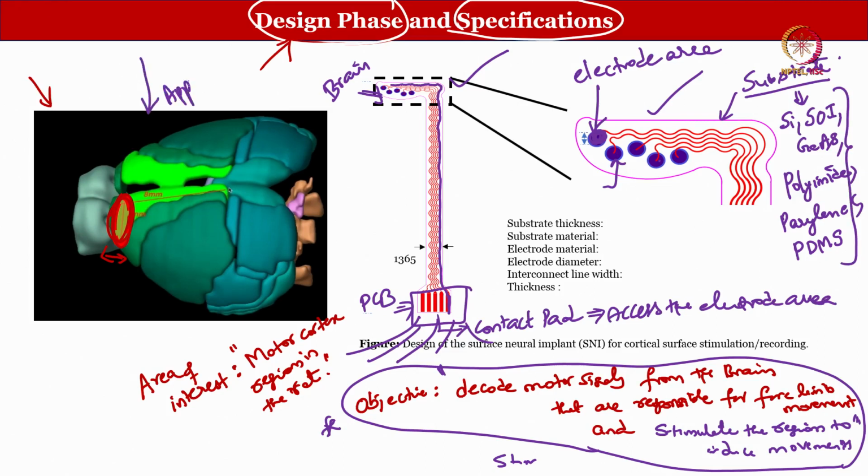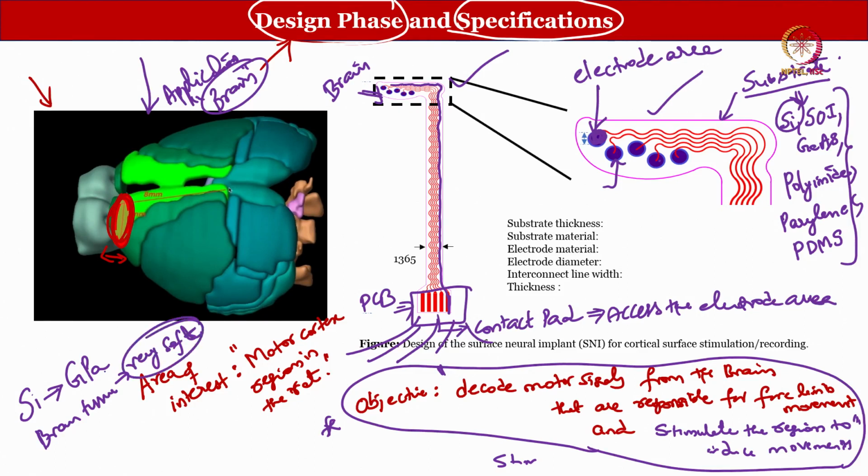Now, what is this application? You are implanting it in the brain. If you look at the Young's modulus of silicon, it is in the order of gigapascals. But brain tissue is very soft.